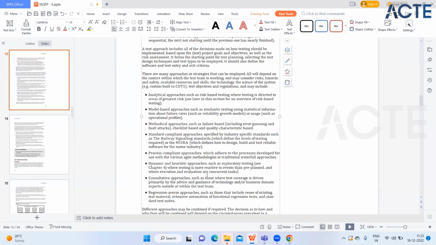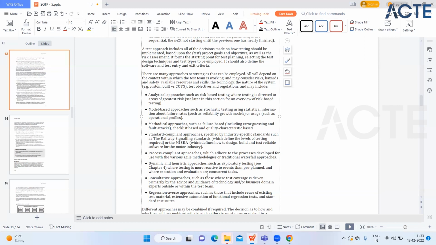So standard compliant is like we are checking as per the industry standard. We have to follow the approach. And exploratory testing, or where an unexpected kind of situation will come, we have to follow this dynamic kind of approach. We have to adopt the things.